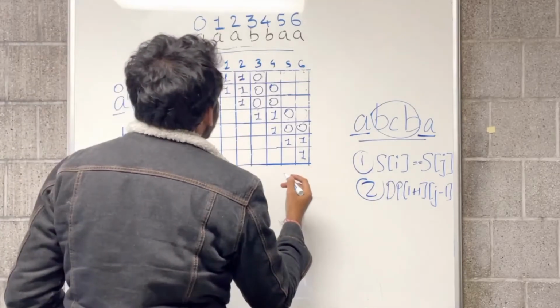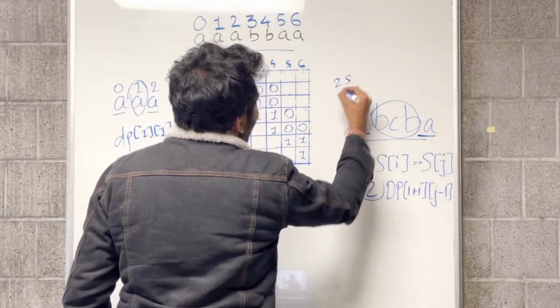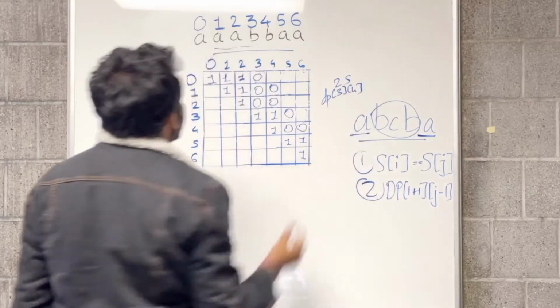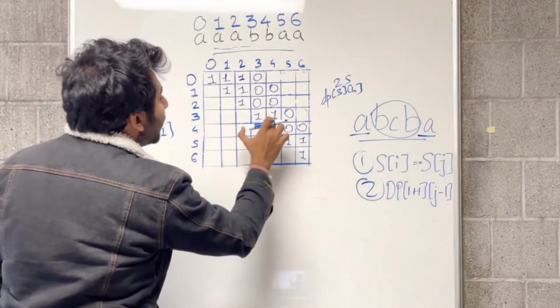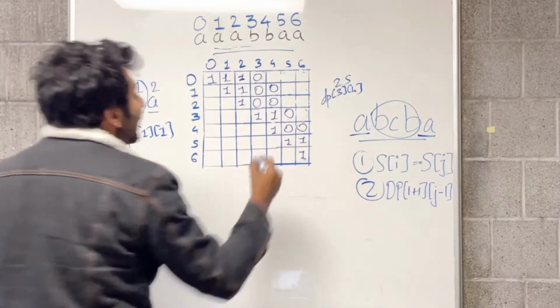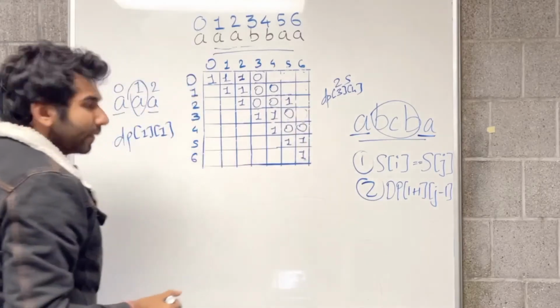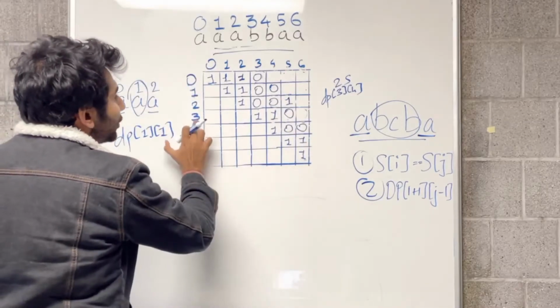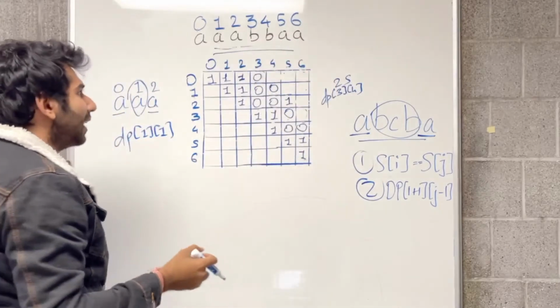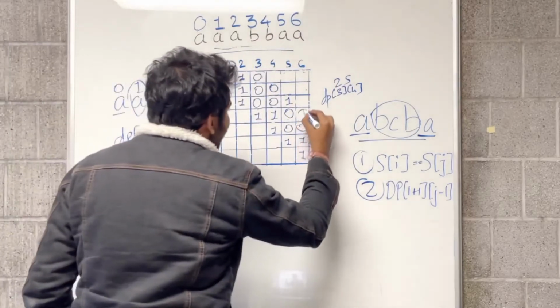What do we need to check now? As it is 2 and 5, we need to check dp of 3 and 4. As the second condition also satisfies, we can put 1 over here. Now the next substring starts at 3 and ends at 6, BBAA. Again, the first and last characters are not the same, so we'll put 0 over here.